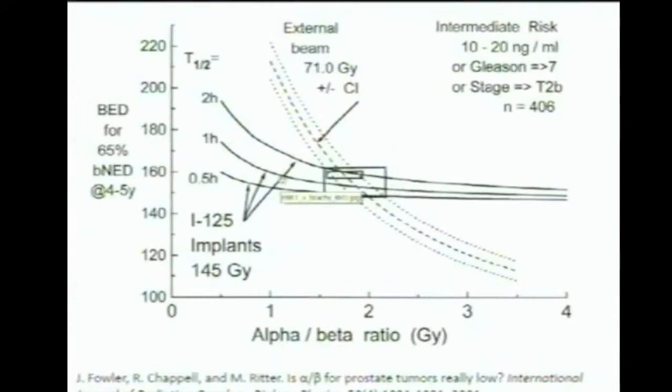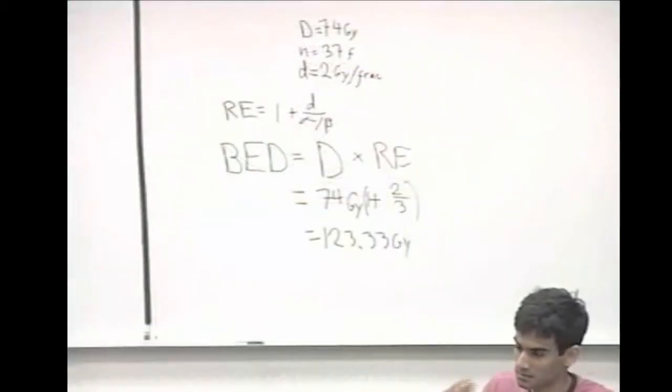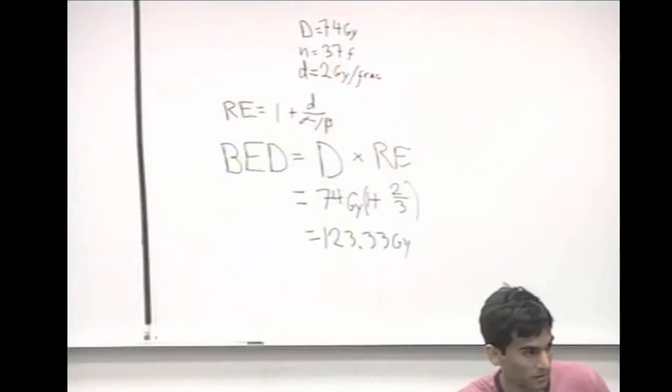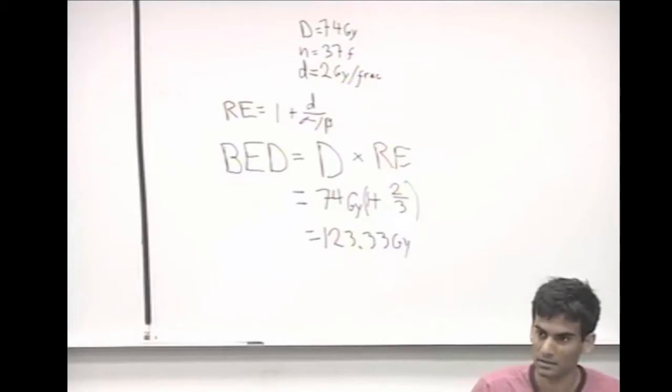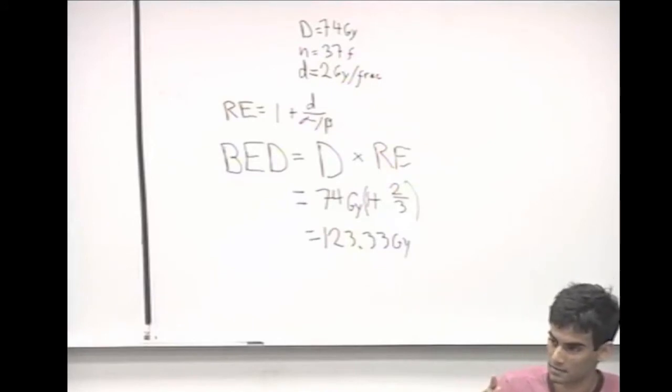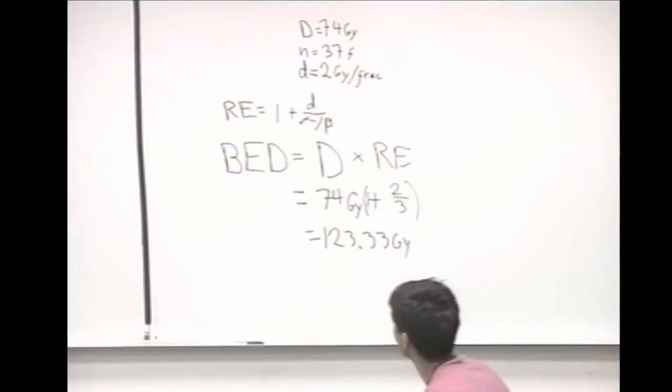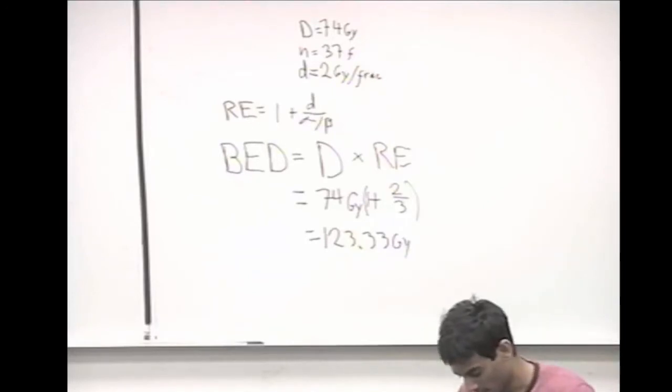Now, the RE that I've written up here is for EBRT, where you just deliver individual fractions. But when you're using brachytherapy, you're using a radionuclide where the dose is decreasing as a function of time. So that has a slightly different RE.